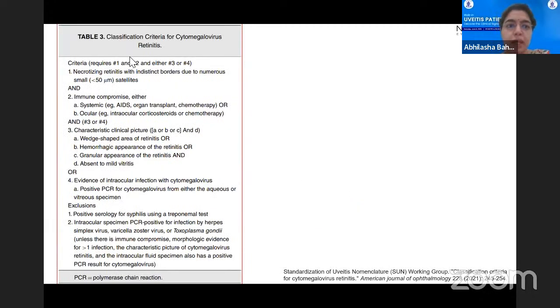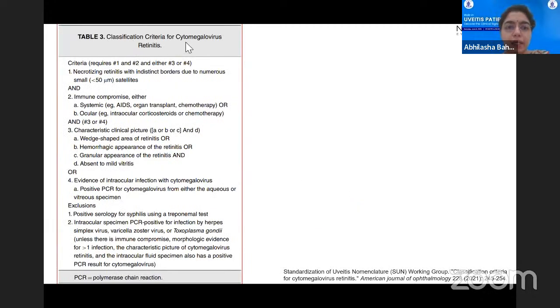But if you see the periphery, you see CMV retinitis lesions. This patient is again CMV retinitis post-cancer chemotherapy. Whenever you see such cases, it's very important to look at the periphery before taking a decision to operate.